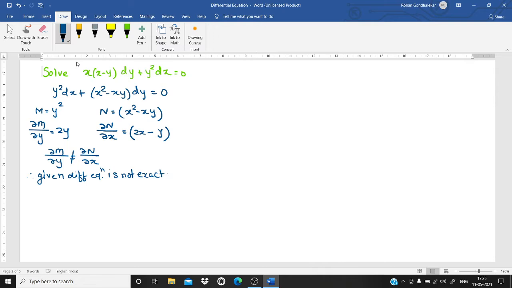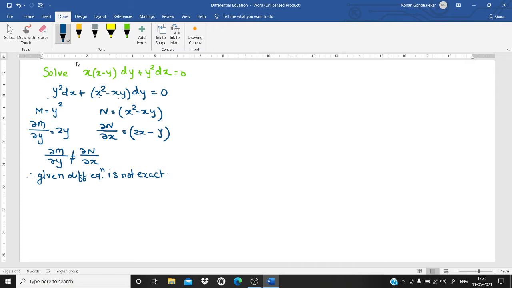So in the first rule, what is expected? First thing is to check whether your given differential equation is homogeneous or not. Yesterday I discussed this. How we can check? Look at each term and calculate the degree. See the first term dx. What is the multiple of dx? y square. What is the degree of y square? 2. Now come to the dy. Inside the bracket, what is the first term? x square. The degree is 2. The second term is x into y.